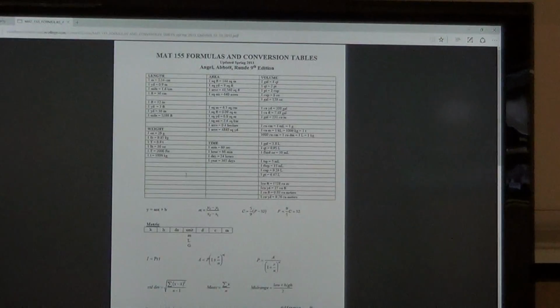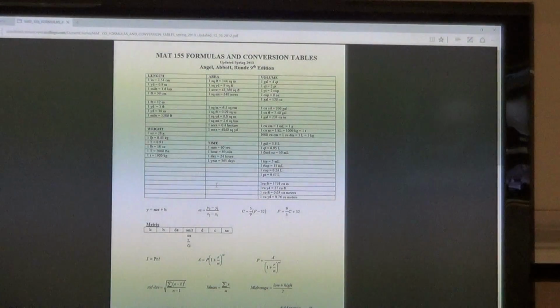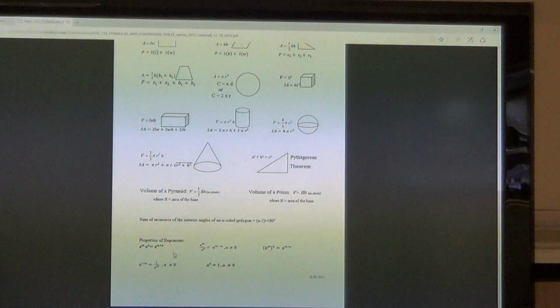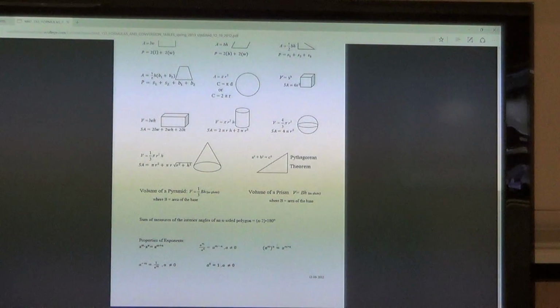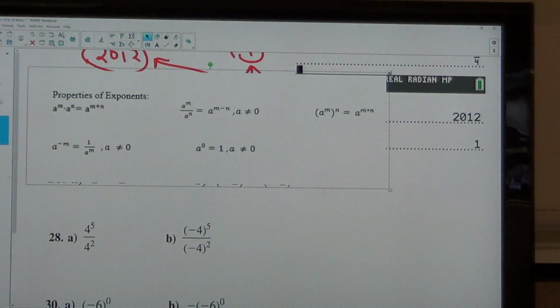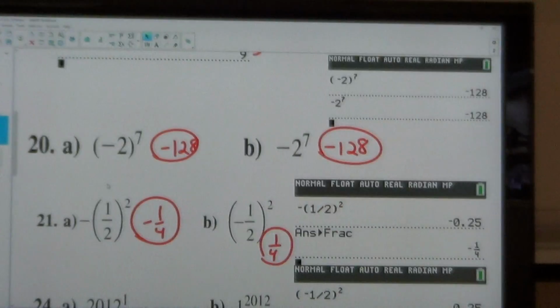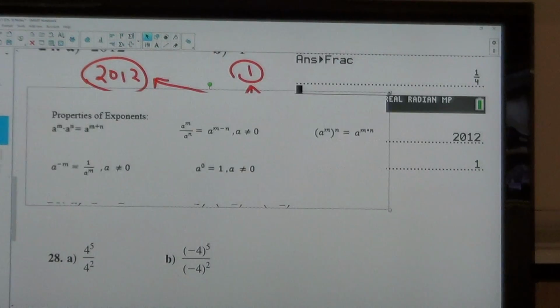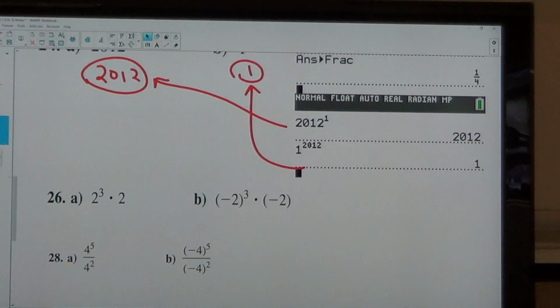Your formula sheet is 2 pages, and we really haven't done anything off this formula sheet yet, but what I'm talking about right now is the bottom of the second page. I want to go over some of these formulas because some of these are really nice to know, especially if your calculator is acting up. And sometimes your calculator will act up, so I want to talk about some of these properties.